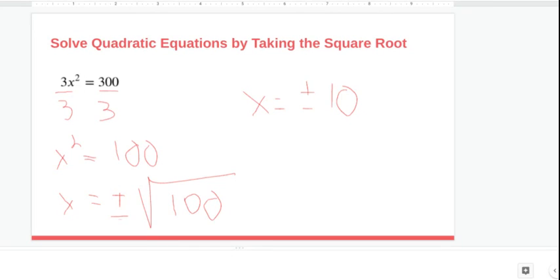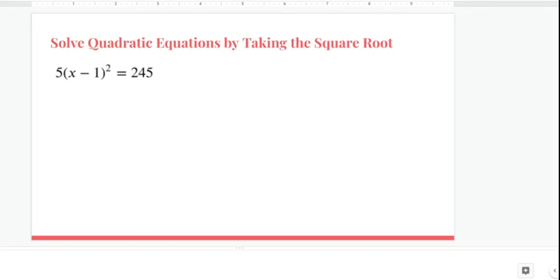In this case, we have to undo our multiplication by dividing both sides by 5. You'll notice that there's something attached inside the squared.